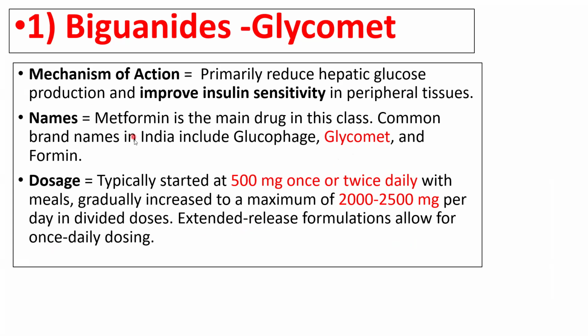Metformin is slowly broken down in the stomach or in the liver, and it is provided to the blood. So that is extended release formulation. Then naturally only one time is sufficient, because after 2 hours, after 4 hours, they are slowly releasing the metformin in the blood. I think this biguanide Glycomet is very clear. Let us move further.